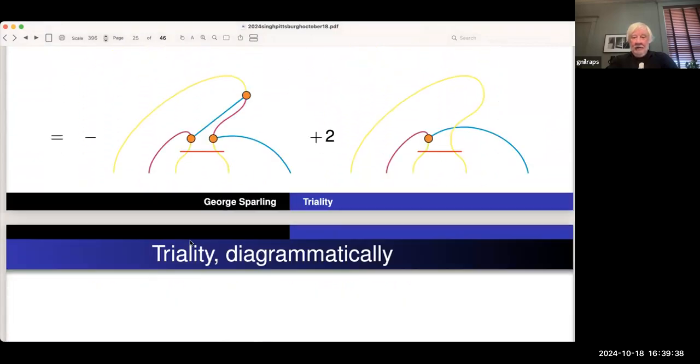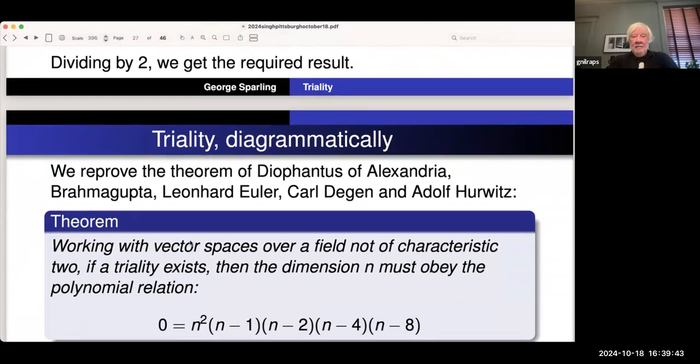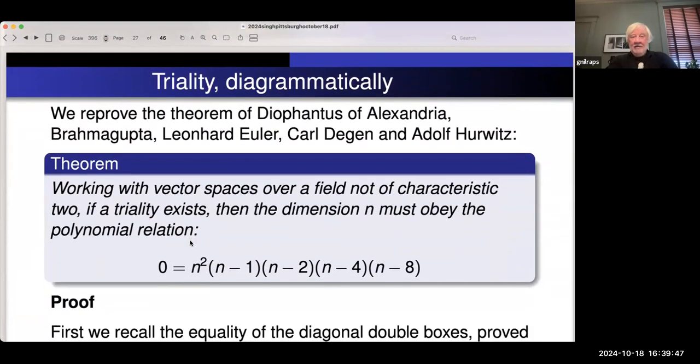It can be proved. I don't think I'll take the time to do this. But now we get the famous theorem of Diophantus of Alexandria, Brahmagupta, Euler, Degen, and Adolf Hurwitz.